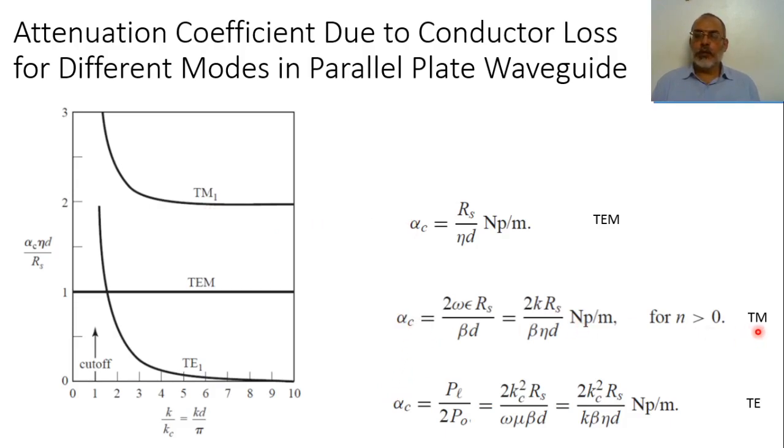For the TM mode, it was 2kRs over beta eta d, where here it was 2k cutoff squared over k. So in this case, the attenuation coefficient is proportional to the frequency. Here the attenuation coefficient is inversely proportional to the frequency.